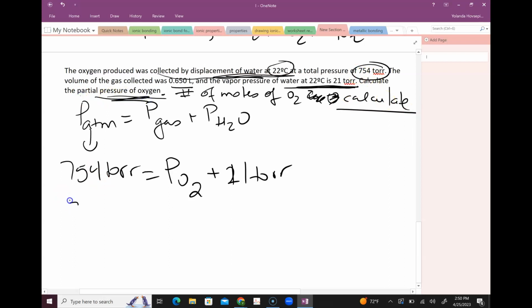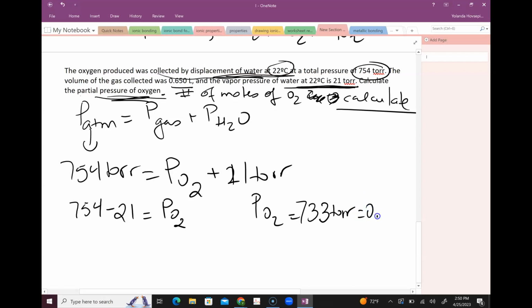Let's find that first. So 754 minus 21 gives you the partial pressure of oxygen. So partial pressure of oxygen is equal to just simply 754 minus 21, 733 torr. But remember, we can't have torr in the ideal gas law, so I'm going to divide that by 760, and that gives me 0.96 atm.